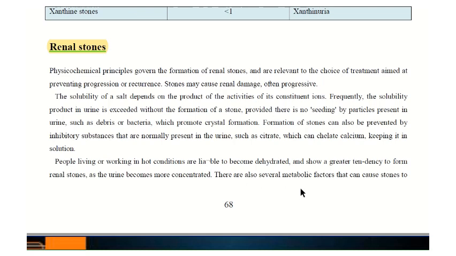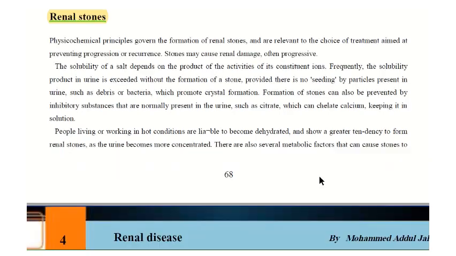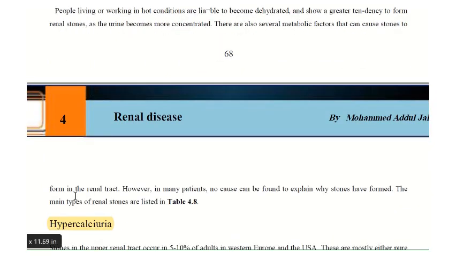There are also several metabolic factors that can cause stones to form in the renal tract.